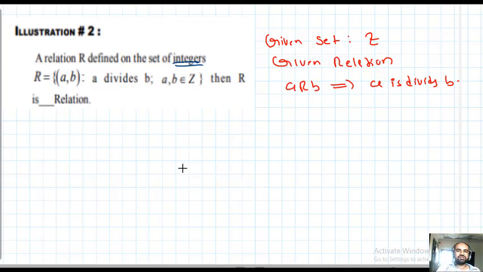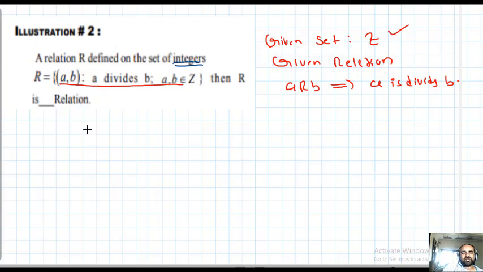Students, this is important. The given set is Z. The relation is given in ordered pairs, which I wrote in a general way: a related to b implies a divides b, or the ordered pair (a, b) means a divides b. Both are the same. I want to check which type of relation: reflexive, symmetric, transitive, equivalence. I want to check one by one.